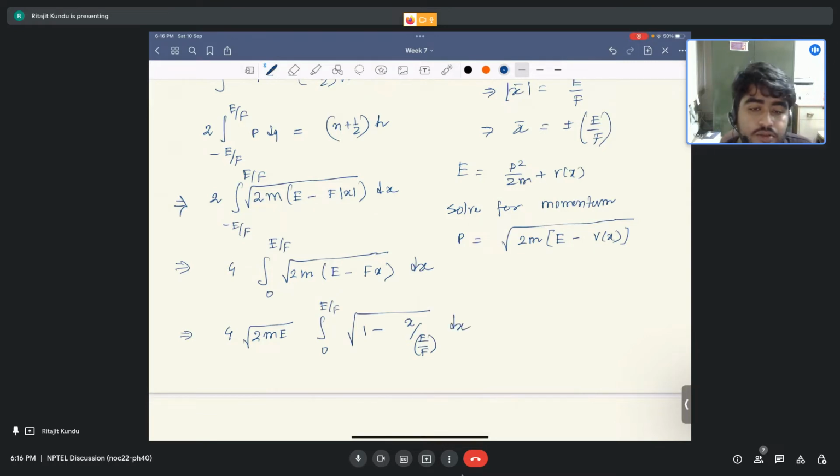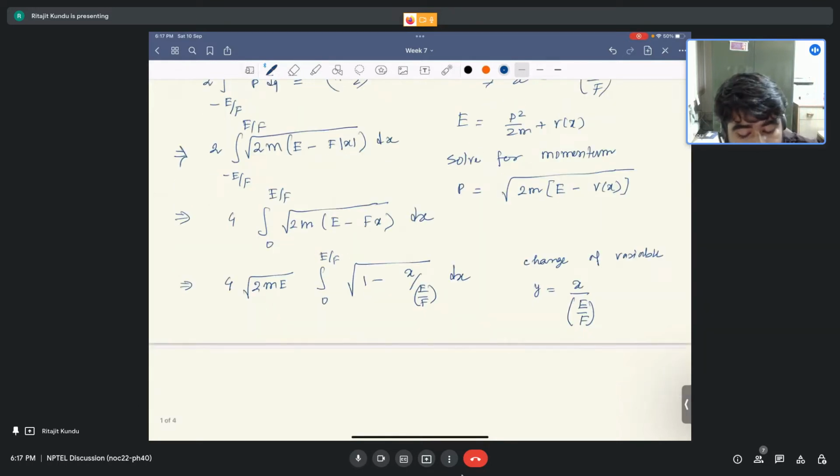Then I will be left with only this part. Okay, so now let's do another change of variable. So change of variable, I want to make this whole quantity a new variable, so that I don't have to bother about these constants here and there. So y is x divided by e by f. Okay, so that means that I can directly replace this with y.